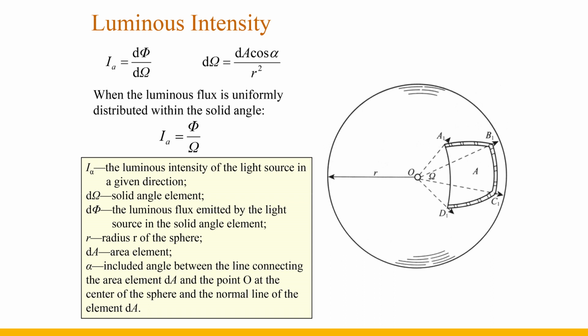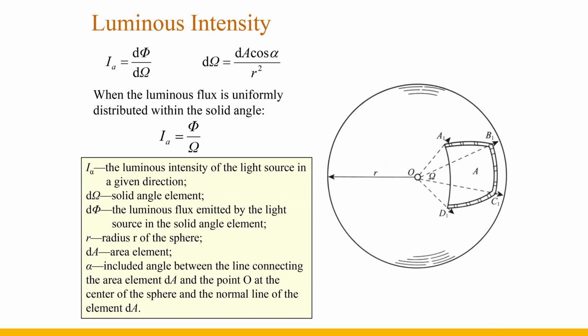The luminous intensity takes into account the different spatial distribution of the luminous flux emitted by different light sources, and is used to represent the spatial density distribution of the luminous flux. The differential sign can be removed when the luminous flux is uniformly distributed within the solid angle. This picture shows a hollow sphere. The center is the light source and emits luminous flux to the area A surrounded by A1, B1, C1, D1, and the angle formed by the area A to the center of the sphere is the solid angle omega.